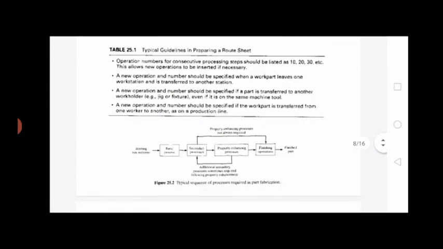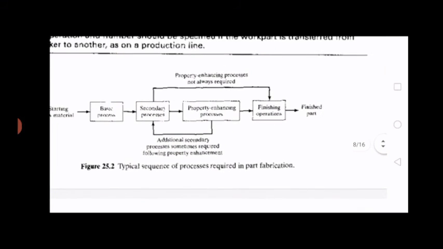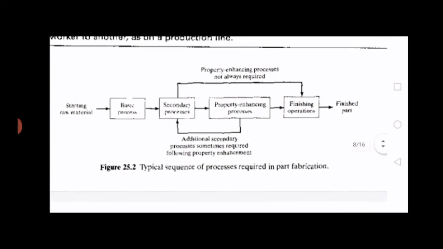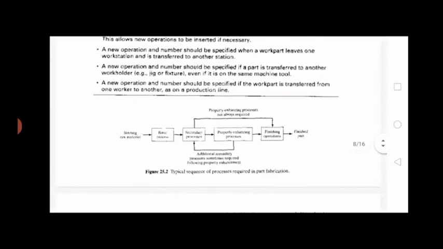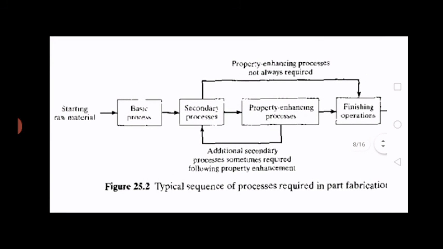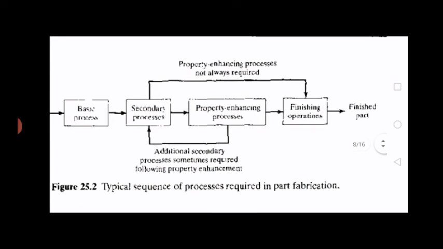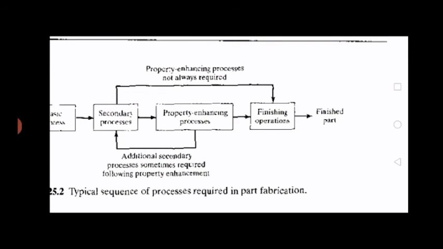Here we have a block diagram showing a typical sequence of processes required in part fabrication. It starts with raw material. Next come the basic processes, then secondary processes, then property enhancing processes, finishing operations, and the finished product. Additional secondary processes are sometimes required following property enhancement, so feedback is given back to the secondary processes, then it moves forward to the next step.